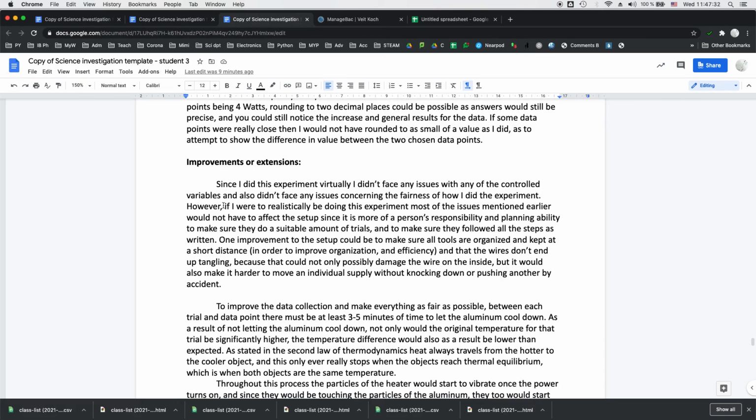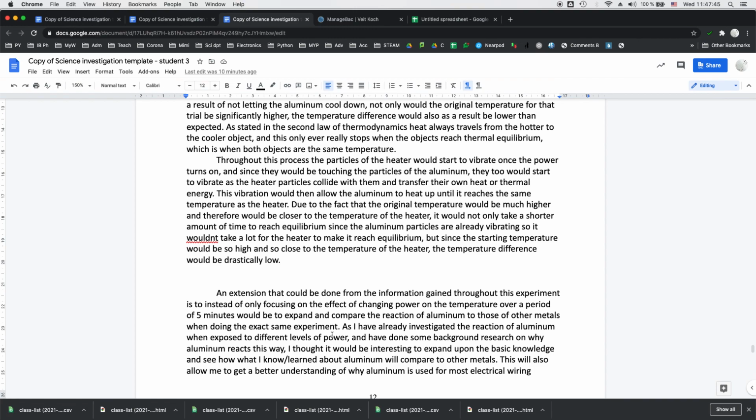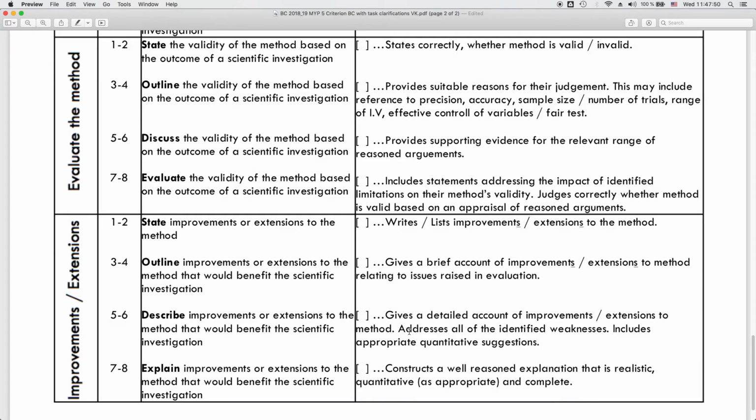Okay, also this student here is struggling to actually come up with realistic improvements, since this was done virtually. But just judging by what they've written so far, it seems that they've really thought about it quite hard, and this will probably be in the range of 5 to 6, if not 7 to 8, really.